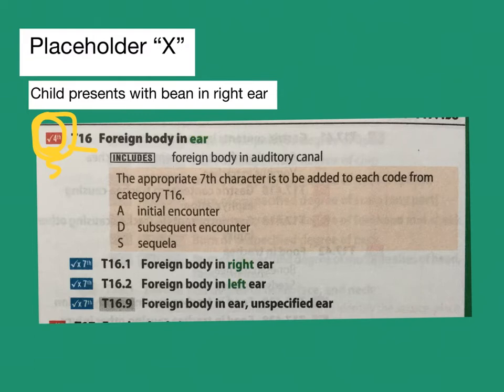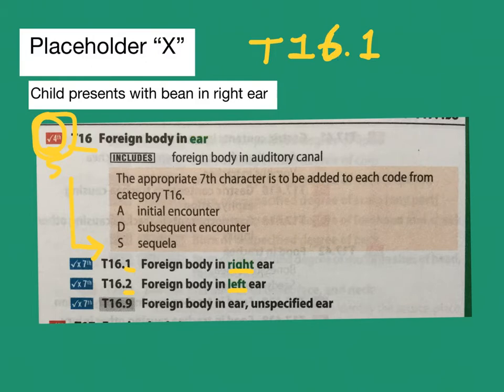So looking underneath T16, we find options such as the 4th character 1 for the right ear or 4th character 2 for the left ear. We know that our documentation mentioned the right ear. So T16.1, sorry, it's difficult to write on the screen and talk at the same time.